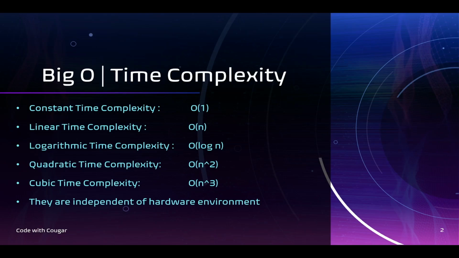Definitely, the older computer may take slightly more time to execute the same algorithm compared to a newer or faster computer. However, the time complexity of an algorithm, whether it is linear time or big O of n, or constant time, or logarithmic time, remains the same and doesn't change as we change the environment or computer.